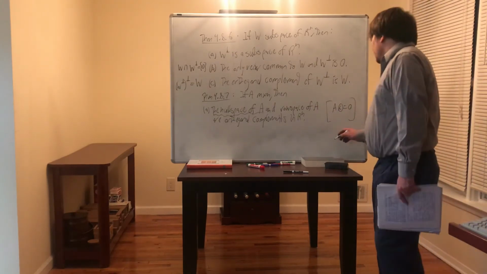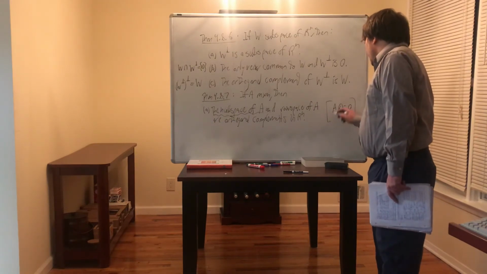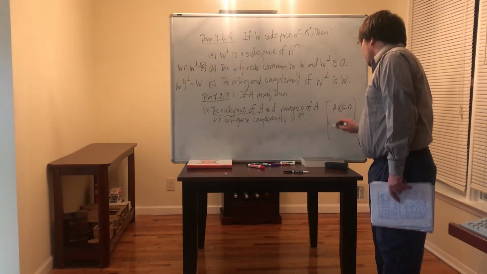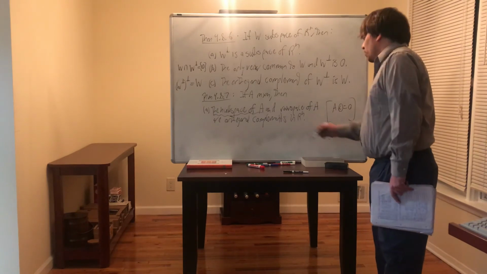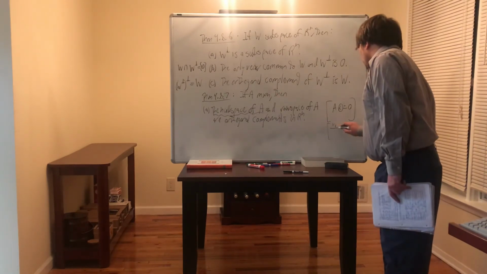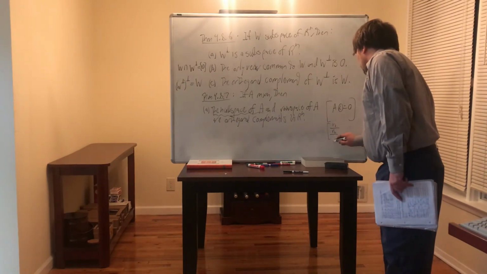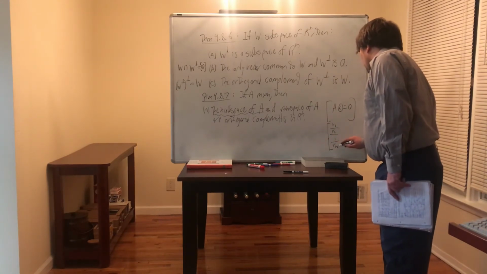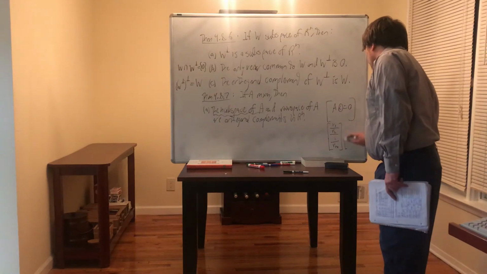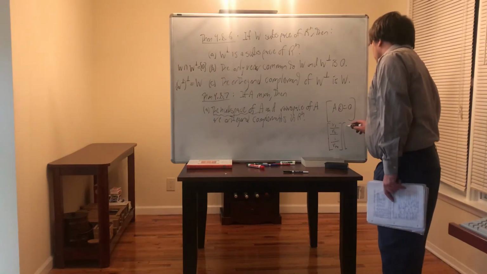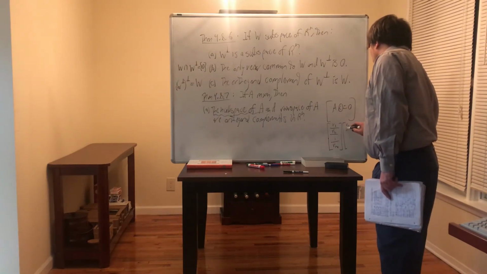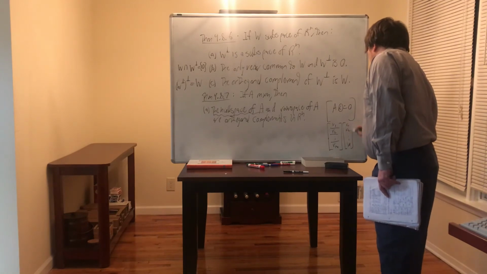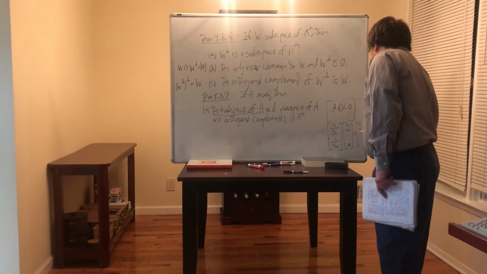So A is a matrix consisting of m rows, R1, R2, up to Rm. Those are the m rows of A, and you're multiplying it by a solution, x1, x2 to xn, and you're saying that equals 0.